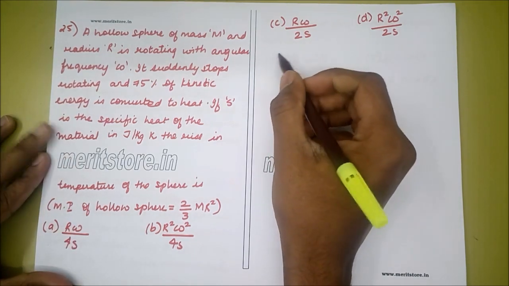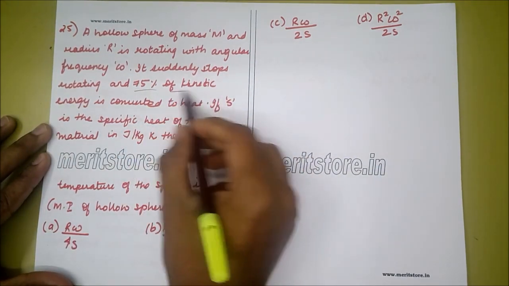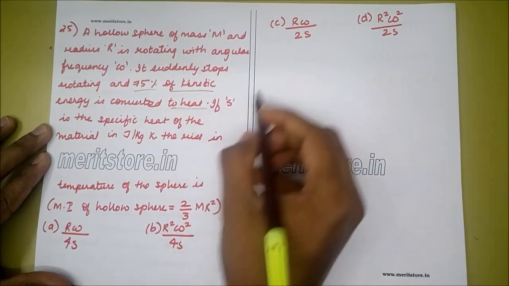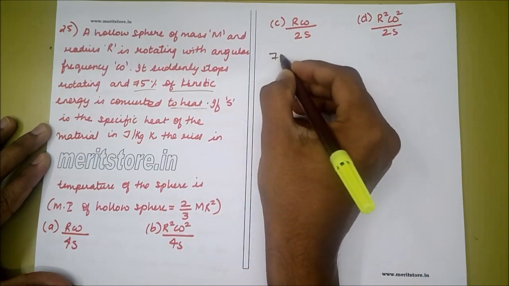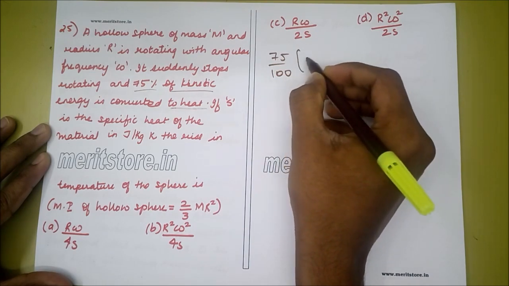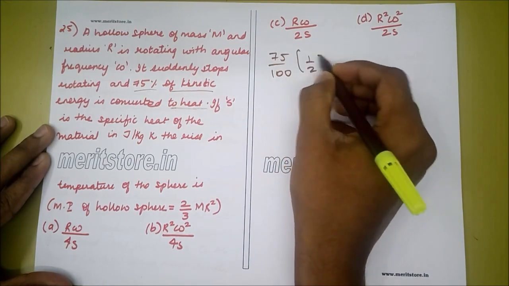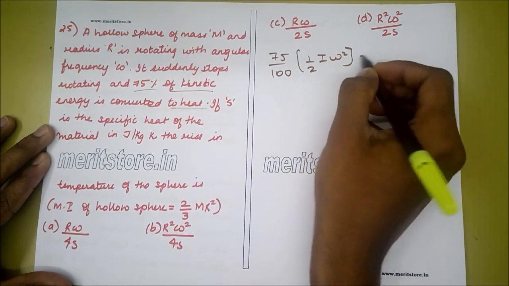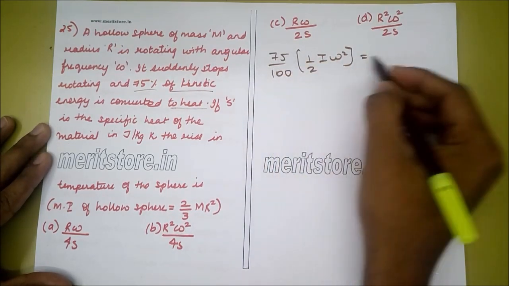Now, the question states that 75% of kinetic energy is converted into heat. So 75% of kinetic energy of rotation, which is half I omega square, is converted into heat.